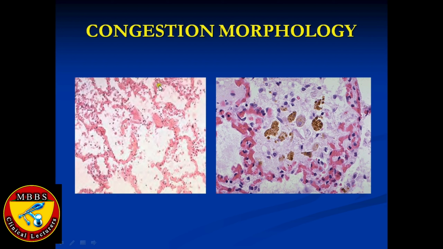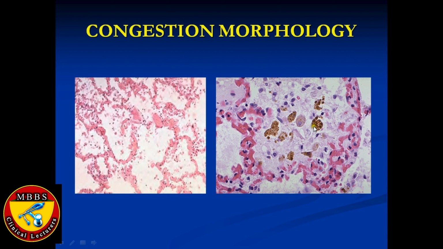Obviously, when there is an increase in these capillary channels, there is increased blood within them, there will be more hydrostatic pressure, and fluid will come out into the septi first, which will become distended, and thence into the alveolar spaces. With this flow of fluid out of the capillary channels, a few RBCs also migrate out of them and come into the alveolar spaces. These RBCs, or the hemoglobin within the RBCs, get degraded into hemosiderin.